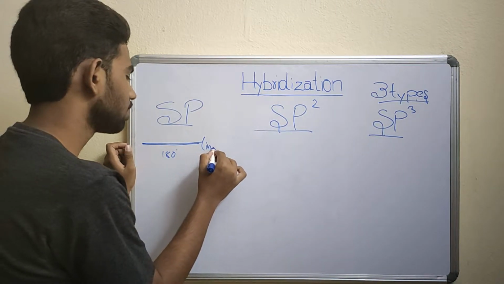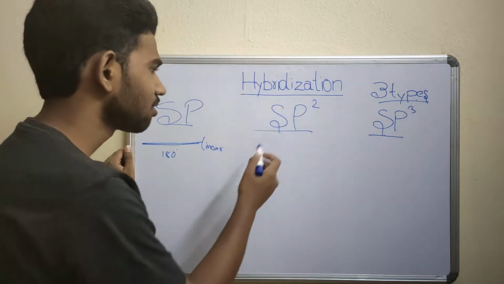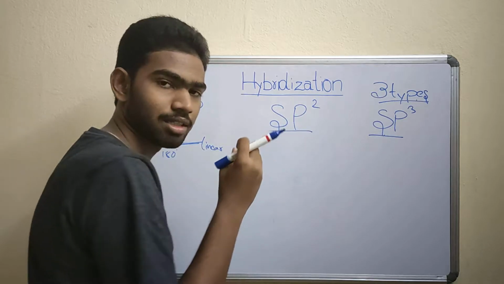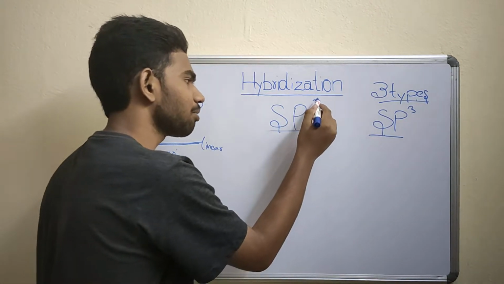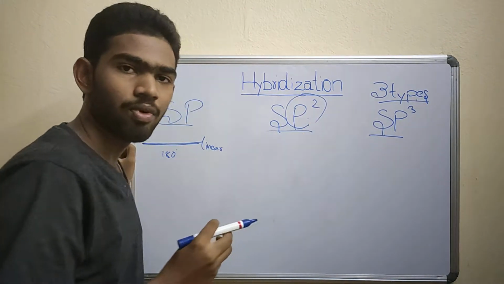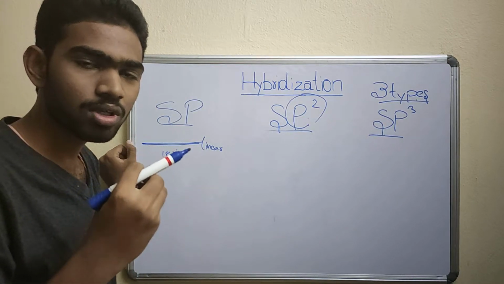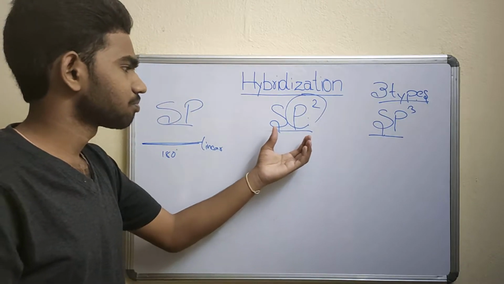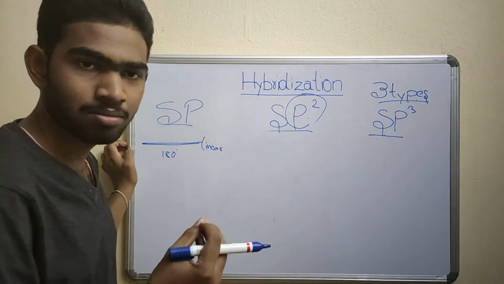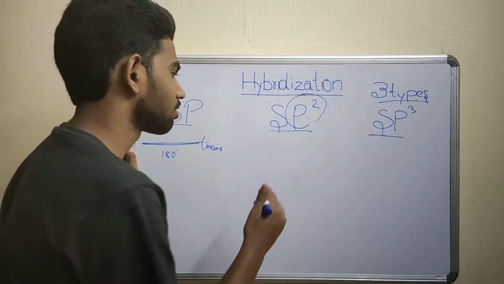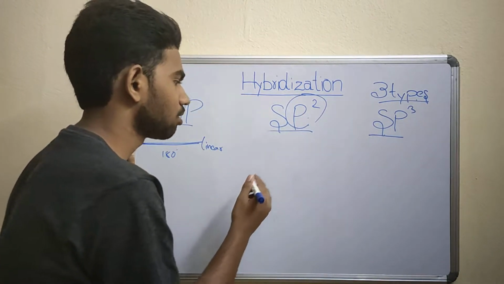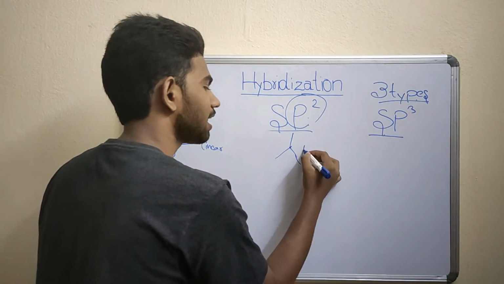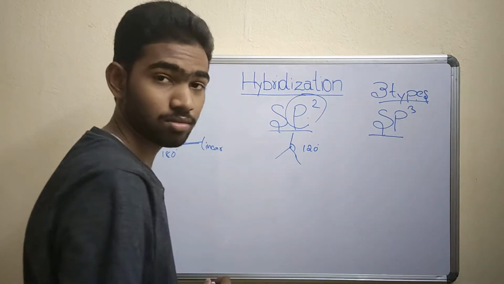When we go to sp2 hybridization, one s orbital and two p orbitals intermix and form new sp2 hybridized orbitals with a bond angle of 120 degrees and a trigonal planar shape.